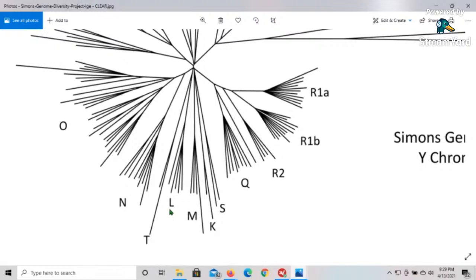But then we have the question of the Neanderthals, and I was thinking about that. The Neanderthal Y chromosome is said to be extinct. Yes, it is. But if it were to exist, it would probably break off from this L Y chromosome or the T, or both.